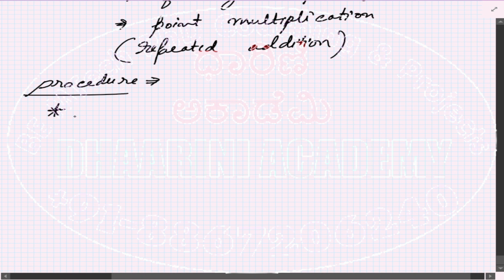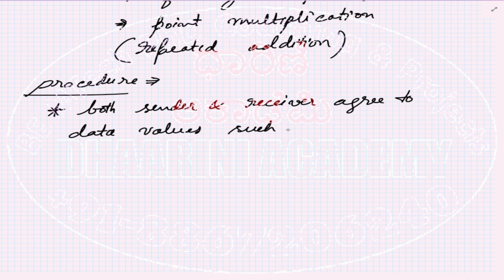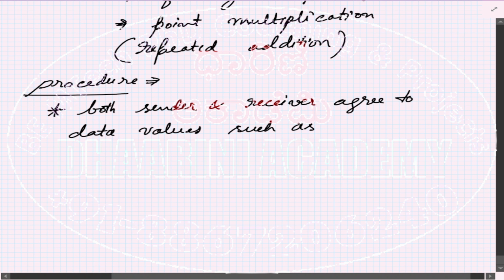So the first step is that both sender and receiver will agree to the standard data values. For example, when it comes to the ECC, it could be the elliptic curve equation.